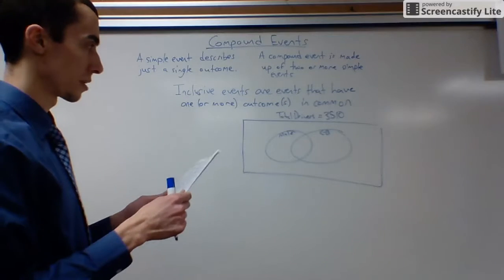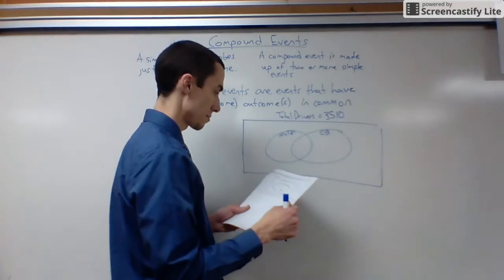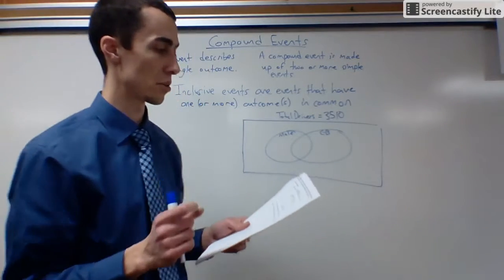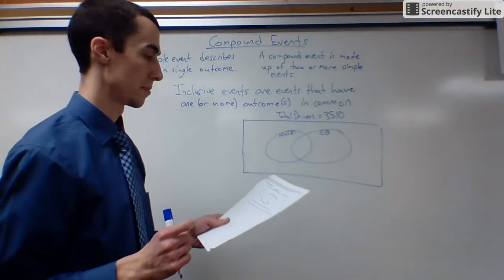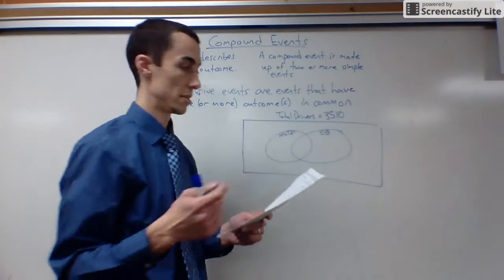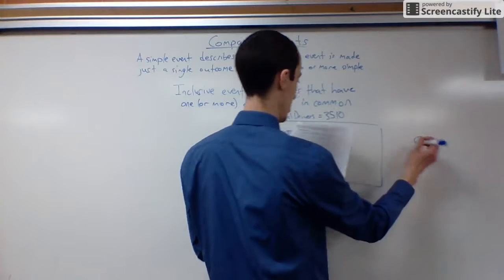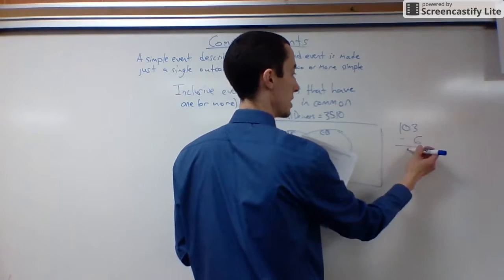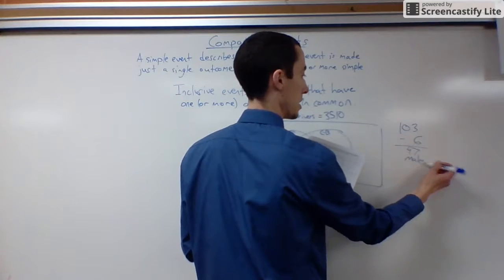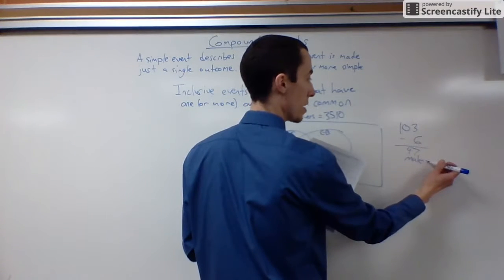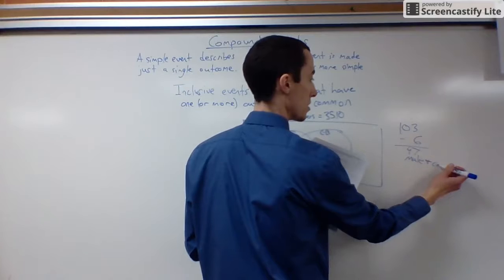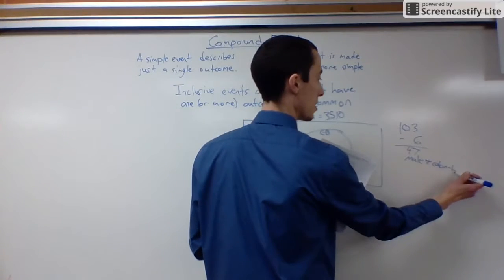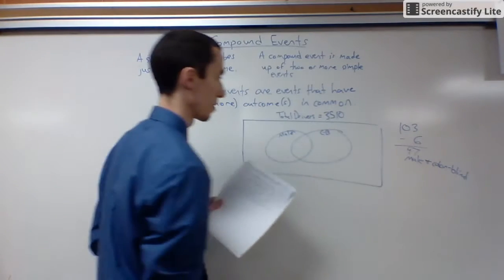So what we know then is that only 6 of the colorblind drivers were female, meaning that if there were 103 colorblind drivers total, that there were 97 male and colorblind drivers.